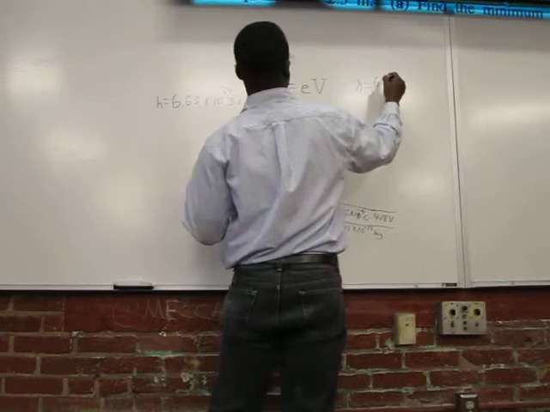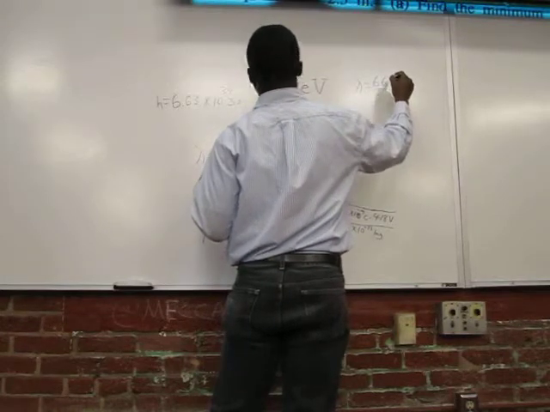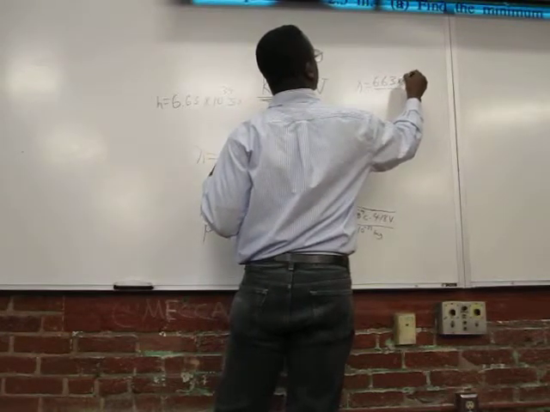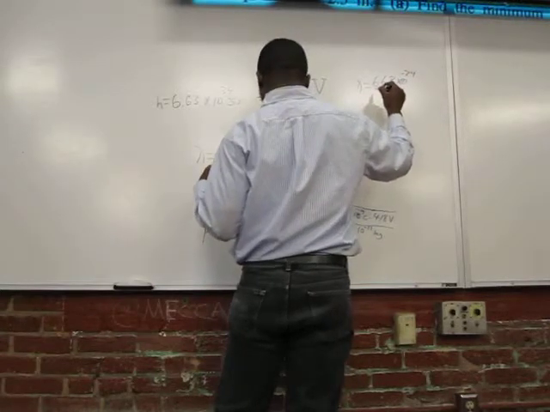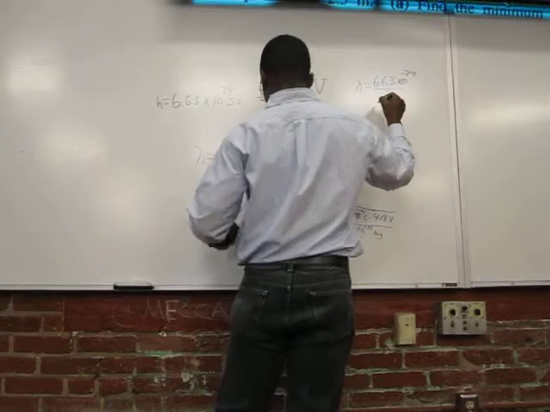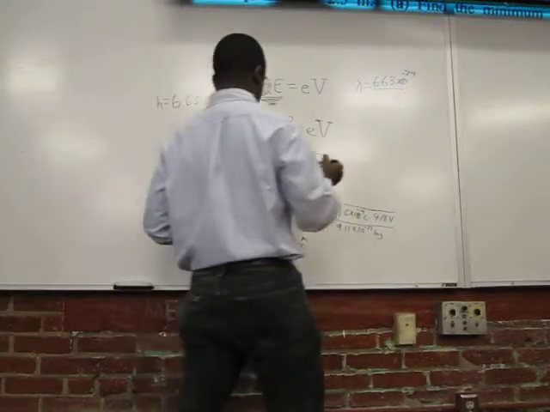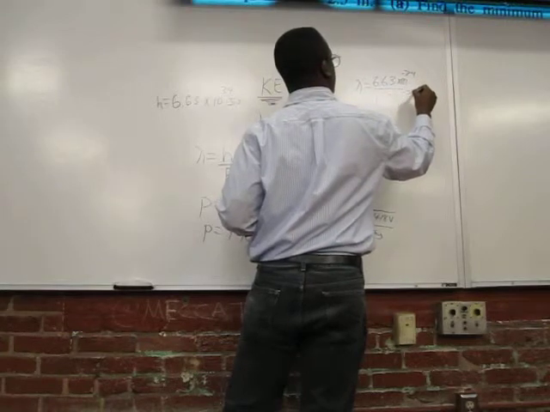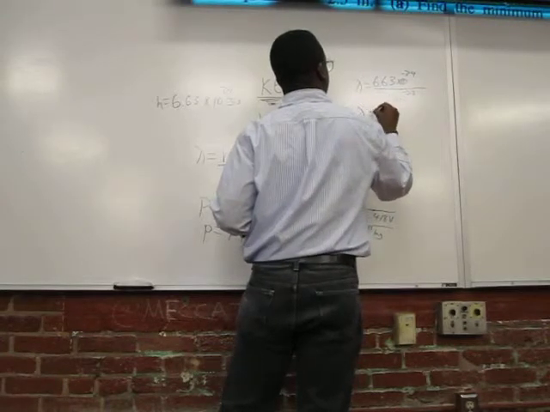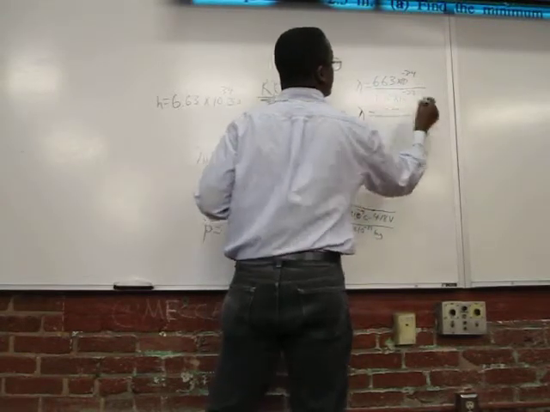It's Planck's constant divided by my momentum as I found here. Okay. So this is my wavelength. That's it.